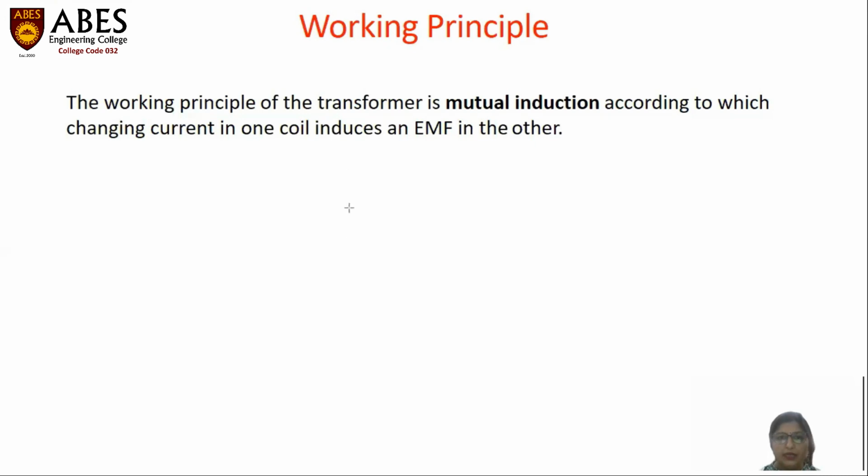So an elementary transformer consists of a magnetic core that is made up of laminations to reduce the eddy current losses.